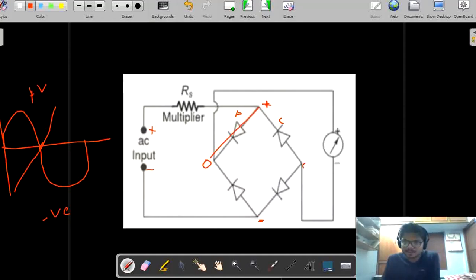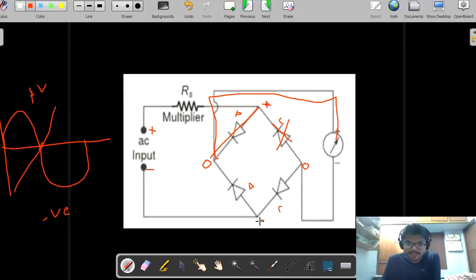Here, cathode is higher than anode, so no current will flow. This current came to here, now came to here. Now we also have some anode and here some cathode. See very carefully now.